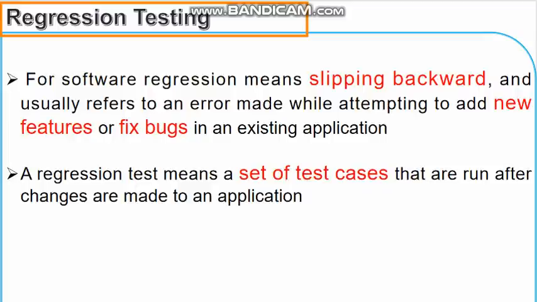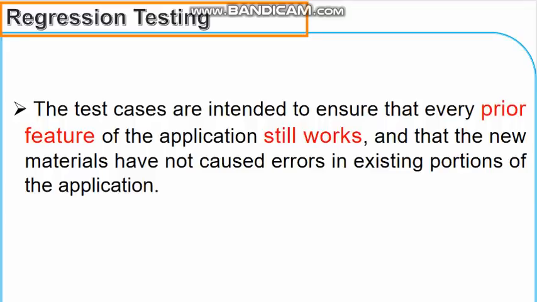A regression test means a set of test cases that are run after changes are made to an application. The test cases are intended to ensure that the superior features of the application still work and that the new material has not caused errors in existing portions of the application.